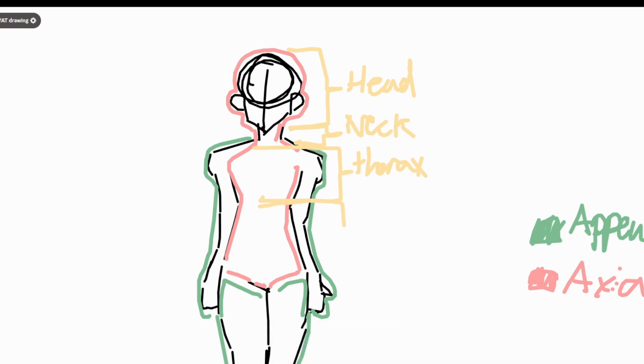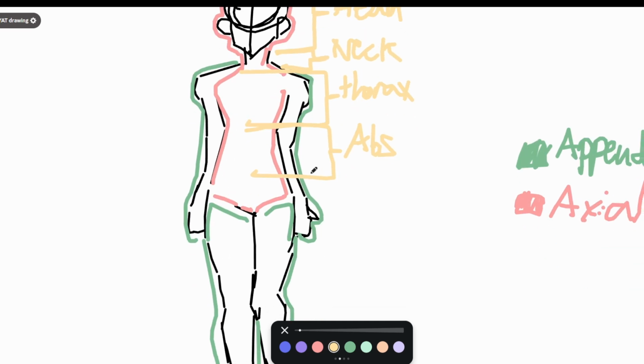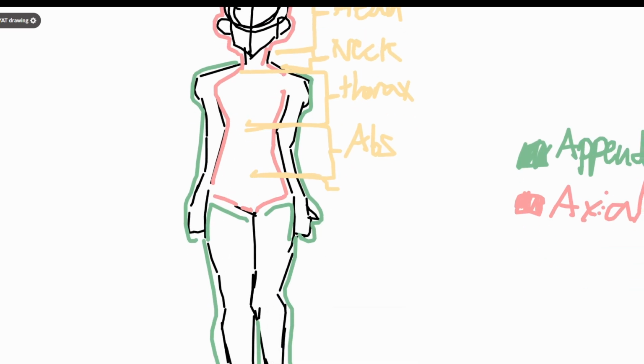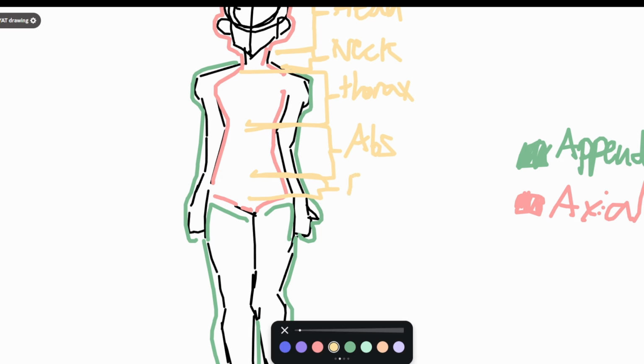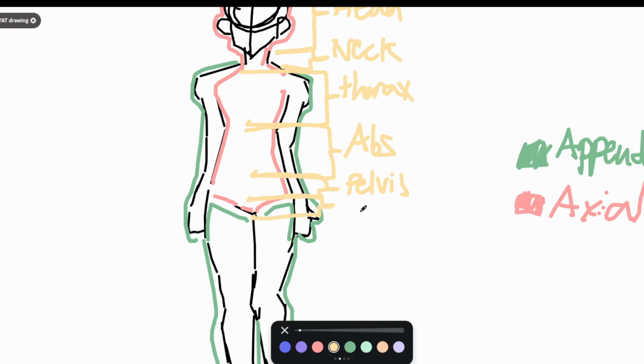Then you have your abdominal region, which I'm just going to write as abs. And here you have your pelvic, or your pelvis. You would just say your pelvis region, at least in this diagram. And then here you have your perineum.